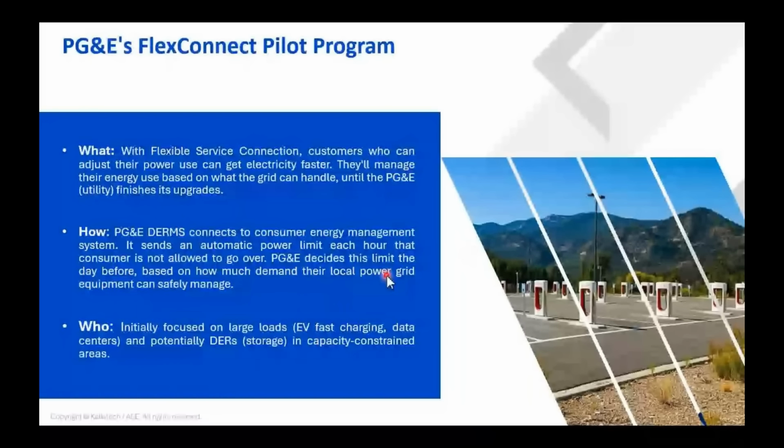So next, how does this interaction function? PG&E's central control system, or DERMS, securely connects and communicates with the customer's on-site energy management systems or on-site assets, be it EV chargers or solar PV. The DERMS calculates and sends automated hourly power limits, usually a day-ahead schedule based upon the forecast of the grid conditions and equipment capacity.